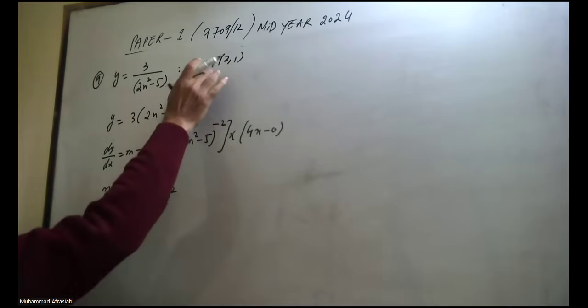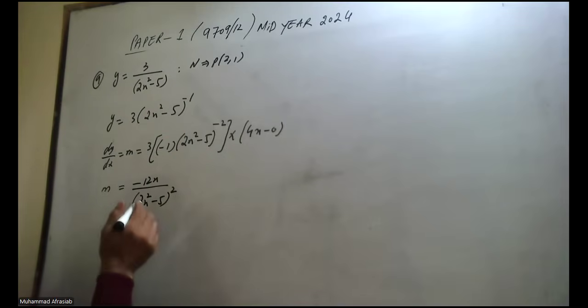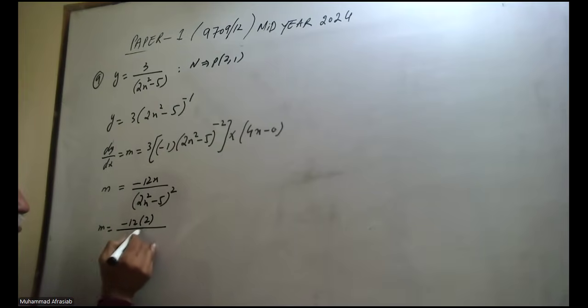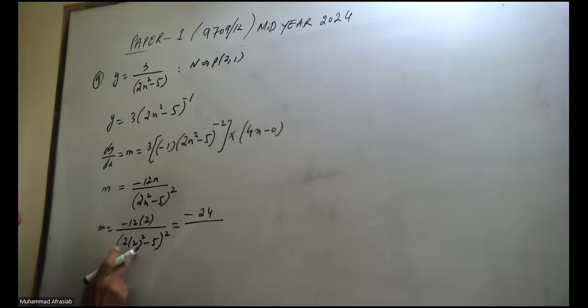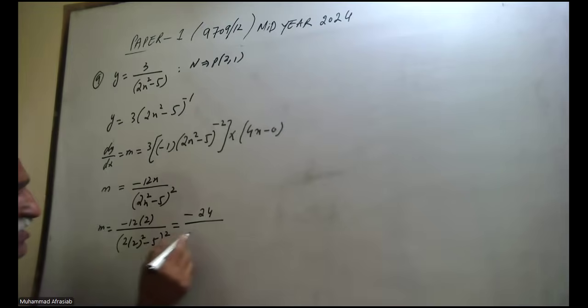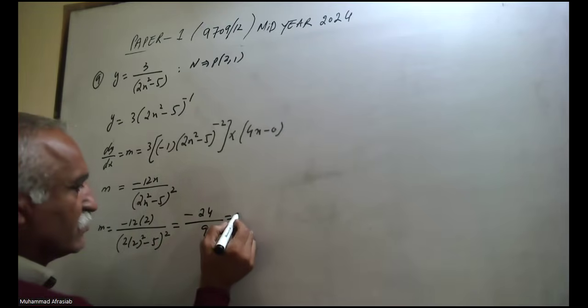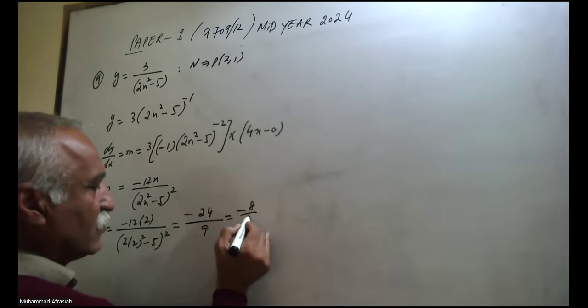But they are asking the equation of the normal at this point 2 and 1. So x is equal to 2. So m is equal to minus 12 into 2 over (2 into 2 square minus 5) whole square. So that thing is equal to minus 24 over (8 minus 5) squared, 3 squared is 9. So that is equal to minus 8 over 3.